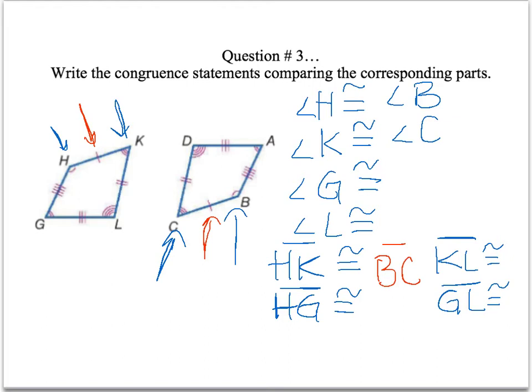And I'm going to fill in HG because there are 4 dash marks there, and that would go with AB. And you should fill in the rest.